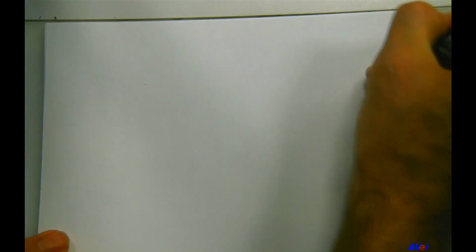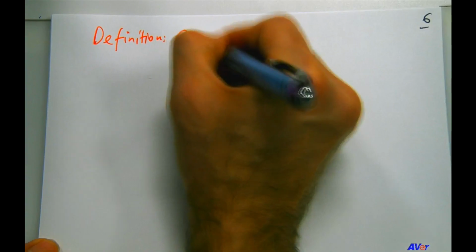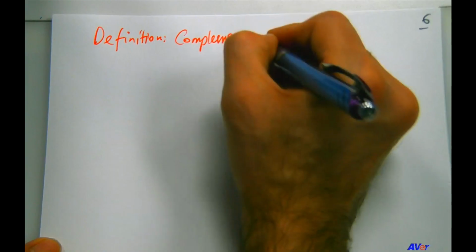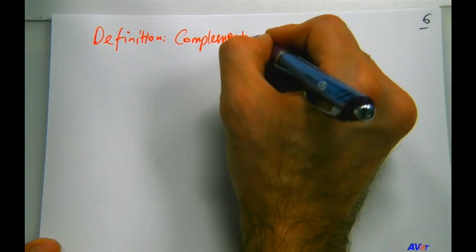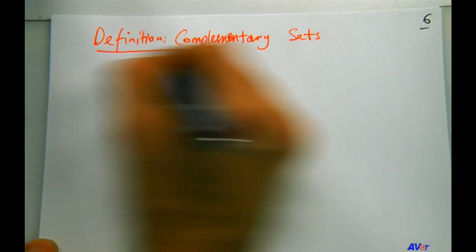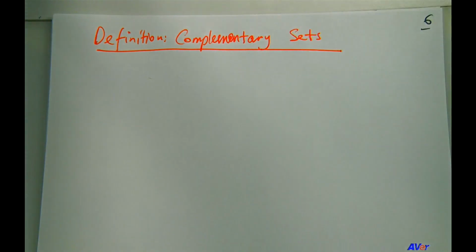Okay, so more definitions coming up. Definition of complementary sets. Complementary sets are sets that complement each other with respect to the sample space.